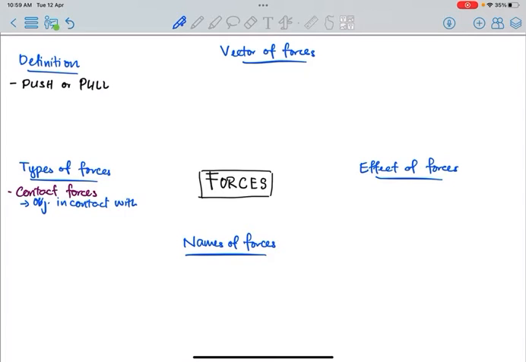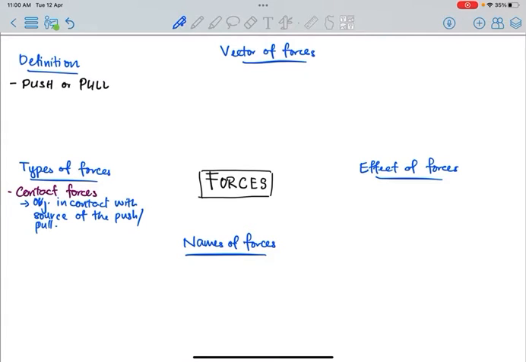The object must be in contact with the source of the force, the source of the push or pull. So what is pushing it or what is pulling it? If it is a string, the string must be attached to the object so that the string will be able to pull the object. If we are the person pulling the string, we must be touching the string so that we can pull it. If it is a spring, then we will be extending or compressing the spring. That means we will still need to be touching the spring.